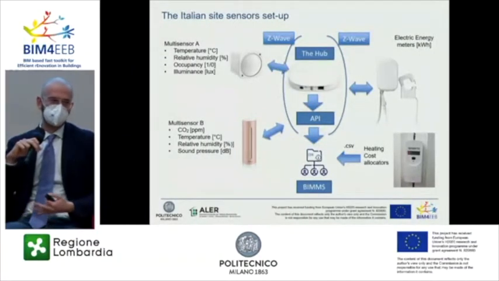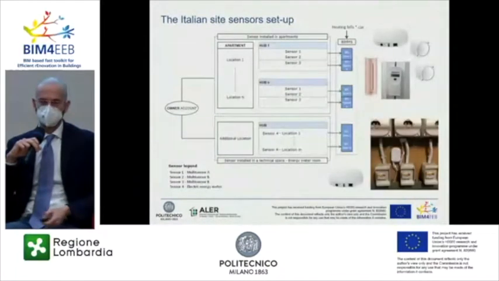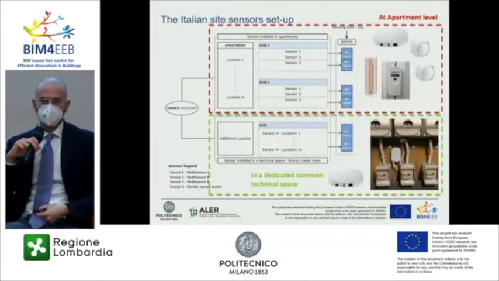We have thermal energy sensors, and they are not connected to the system. In this case, we have to do the manual input of data. This is what we decided to do. Most sensors have been installed inside apartments. I will tell you where and how.